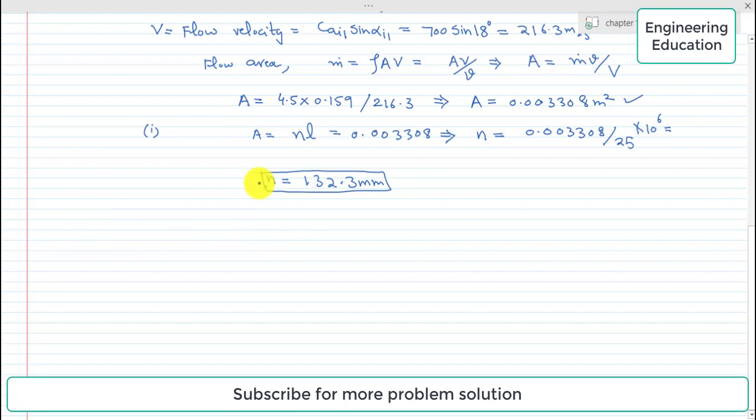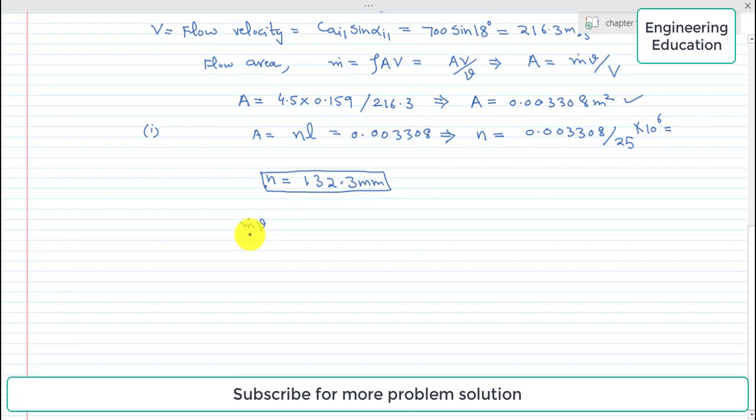Also to find the blade exit height for each row. So for each row of blades we have flow rate m dot into specific volume.